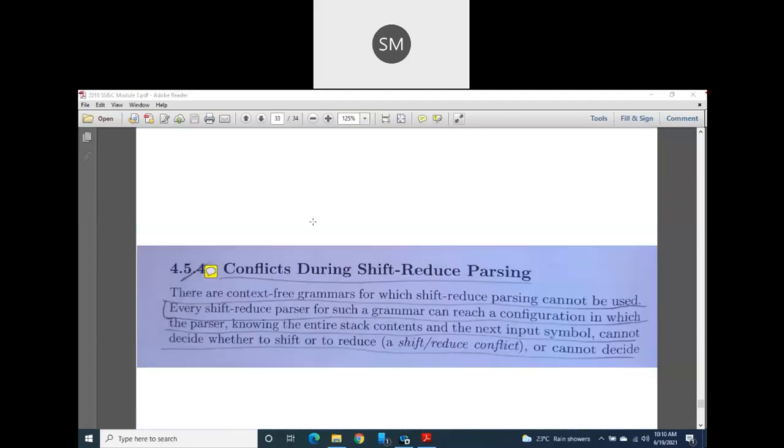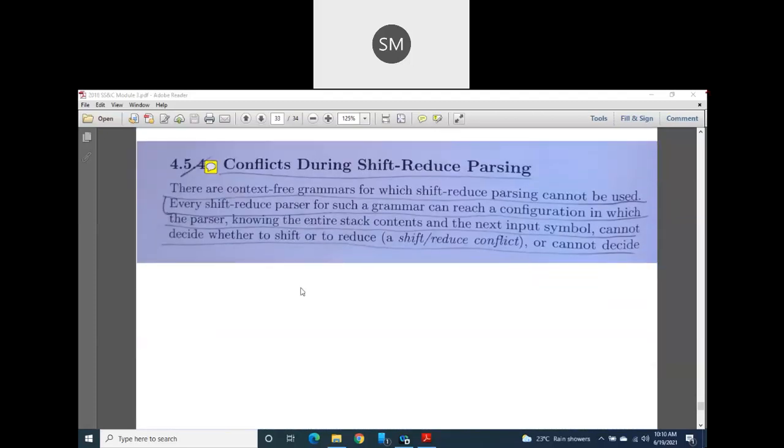So the last topic is conflicts during shift reduce parsing. There is a competition between shift and reduce. Among these two, which one do we have to perform? There is an overlapping between the shift action and the reduce action.